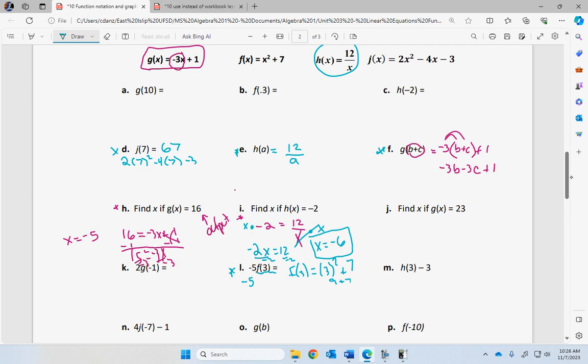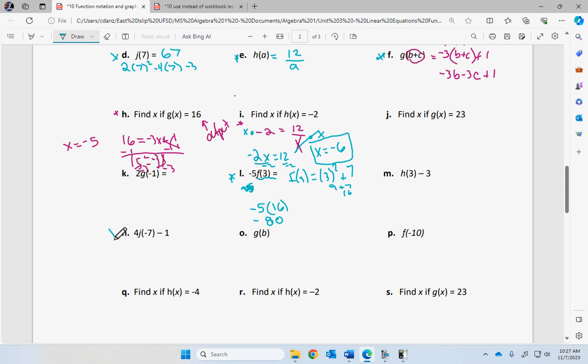3 squared is 9. 9 plus 7 is 16. Now I have to multiply it by this -5 that they gave us. I want to do -5 times this answer of 16. And what's -5 times 16? Should be 80. -80, I mean. So when you have to multiply a function, do the function first and then multiply it.